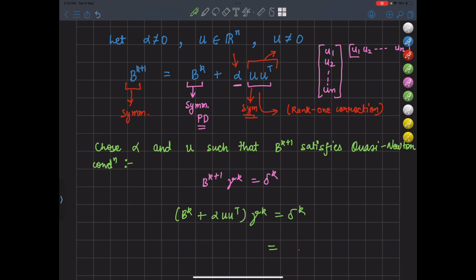You can write here delta k minus bk gamma k, this can be written as alpha u transpose gamma k into u.